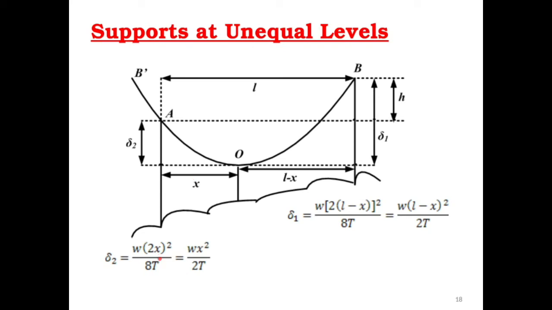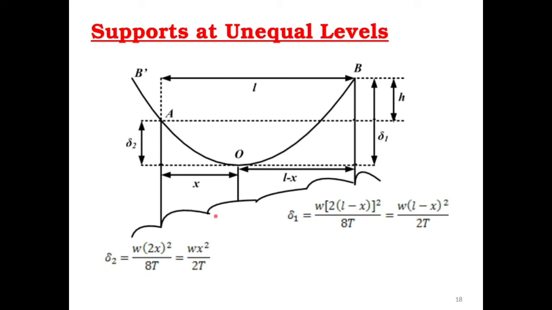So that's 2x squared. L is 2x now. So it's the same thing, L minus x. So 2 times L minus x is whole squared. And we use the same formula, WL square over 8t. And that is what we get. So we get delta 1 and delta 2 on either side.